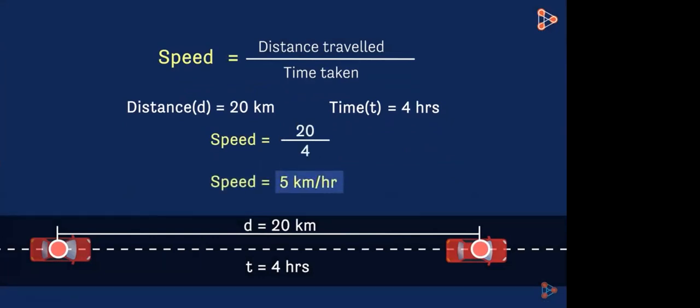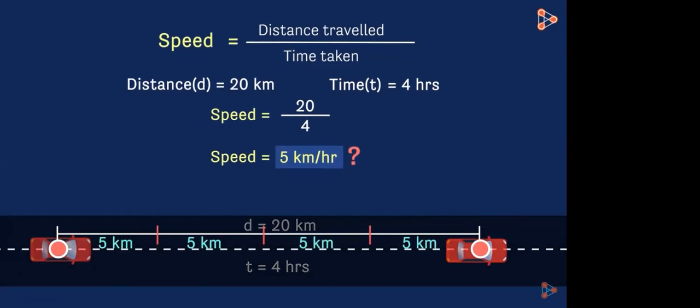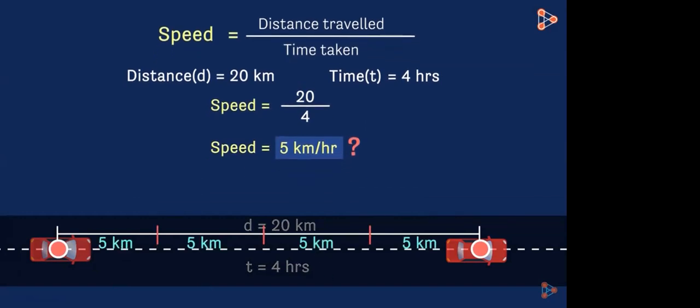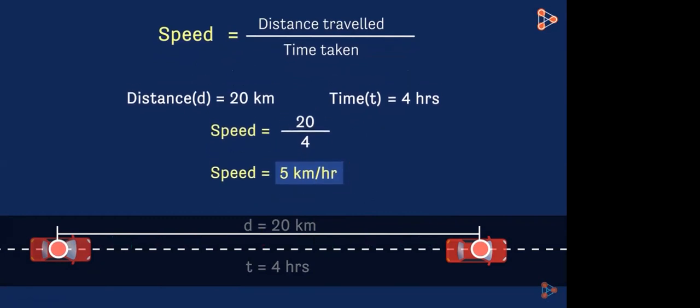Look at the value carefully. What does it tell us? Does it mean that our object traveled 5 kilometers in every hour? Or in other words, does the value of speed say that the object traveled at a constant speed? Well, we know for a fact that the car does not magically start directly at a speed of 5 kilometers per hour. Its speed gradually increases.